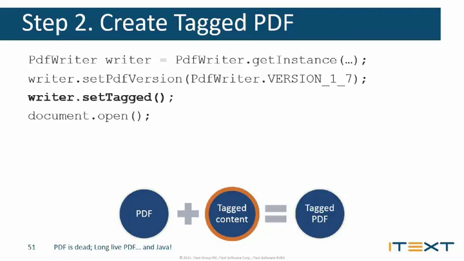So if we compare with the first simple PDF creation example, we just have to add one line using iText, which says to the PDF writer, set tagged, so that it will create tagged PDF. And it's this simple using iText, because we have these high-level building blocks like the paragraphs, the tables.